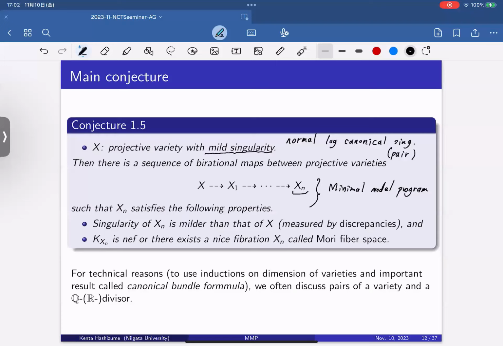Okay, currently we often deal with pairs of varieties and a divisor on it. This is because we want to carry out an inductive argument on the dimension of varieties, and we want to use an important result on the fibration called the canonical bundle formula.